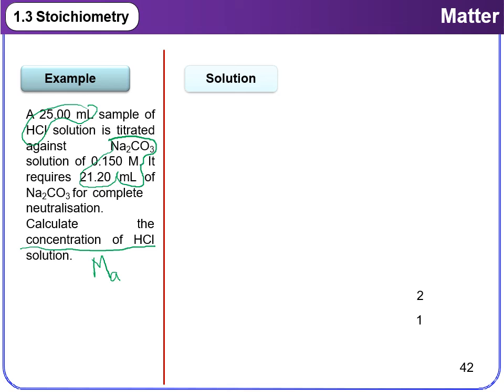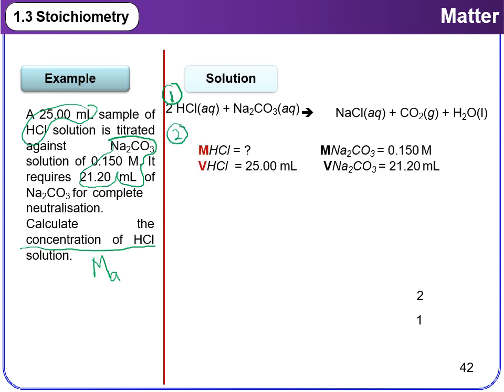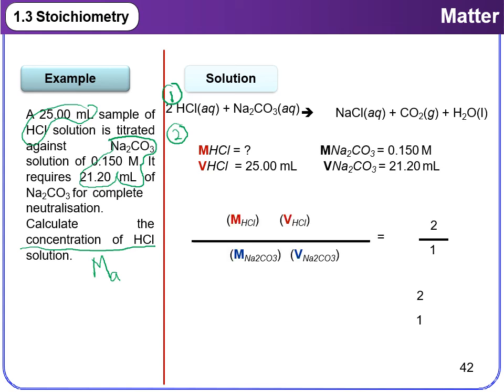Before we start, basically this is a chemical reaction. So the first step, we always write the chemical equation. Next, we are going to use the formula MAVA over MBVB equals A over B. In this case, for the acid, based on the equation, the coefficient is 2.